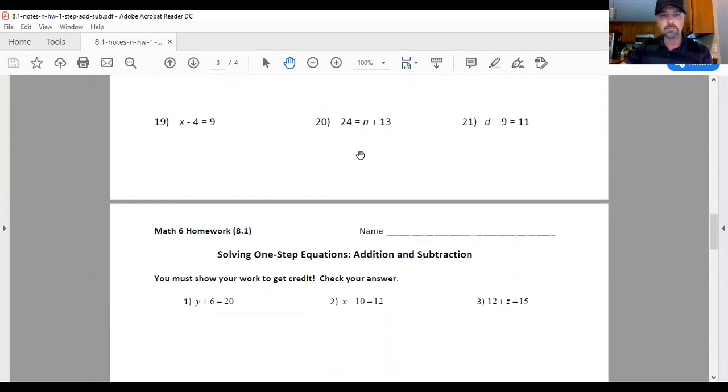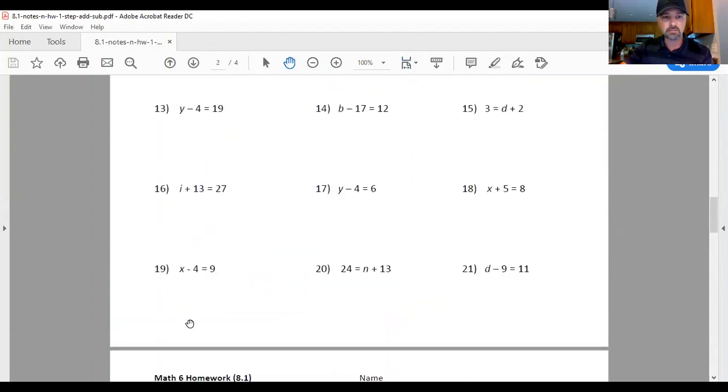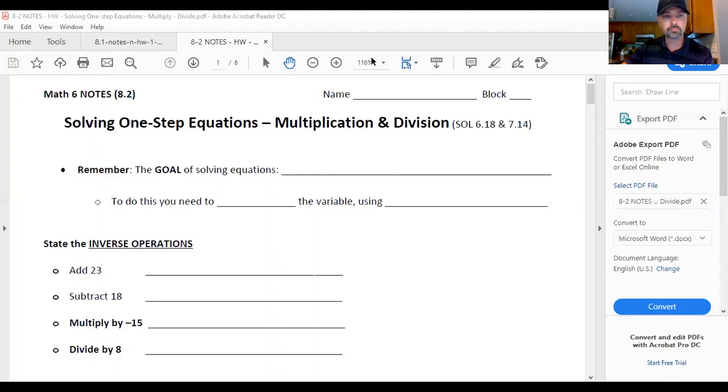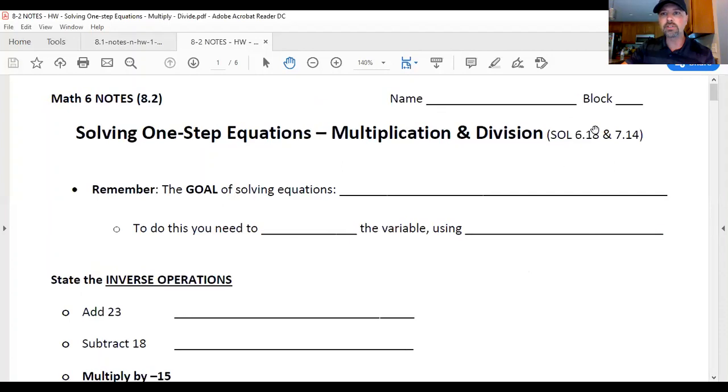So let's look at multiply and divide then. Okay, so not a whole lot more to learn with multiplication and division.